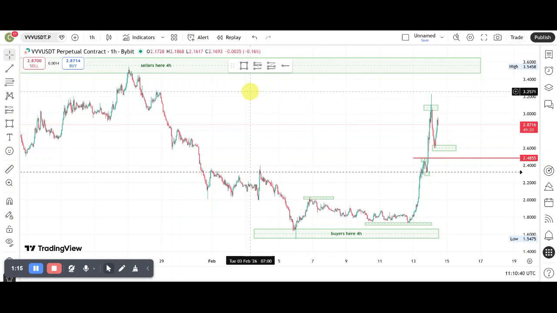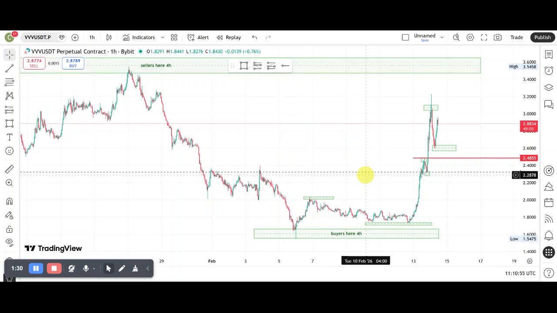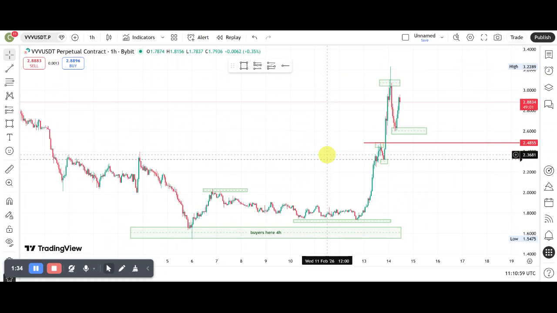For a downtrend, you have a low, a lower high, a lower low, a lower high, a lower low, and so on. The market must respect this structure if it's still in a trend. Once the market starts disrespecting the structure, you need to see that as an indication.